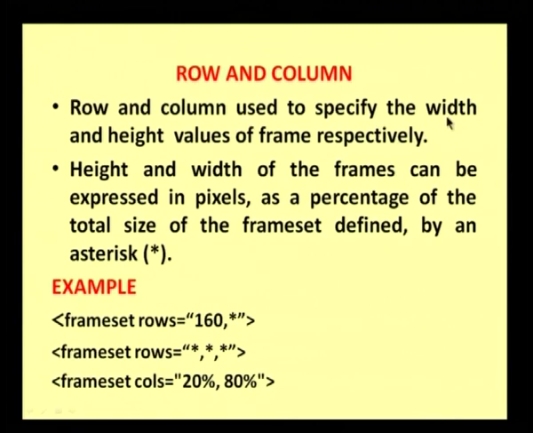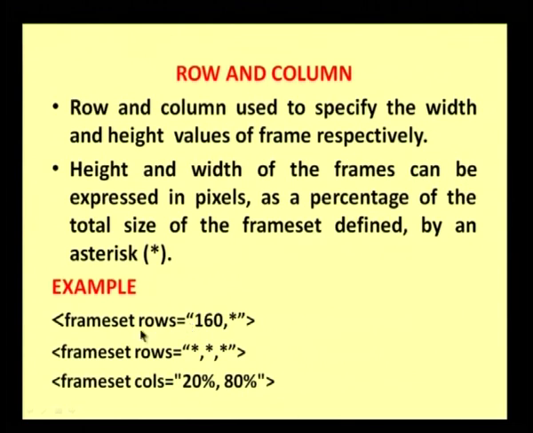So, it is used to specify the width and height value of the frame which we are dividing. So, the height and width values can be specified in three ways, one by direct values, that is pixels, or by percentage, or the total size of the frameset by asterisk.